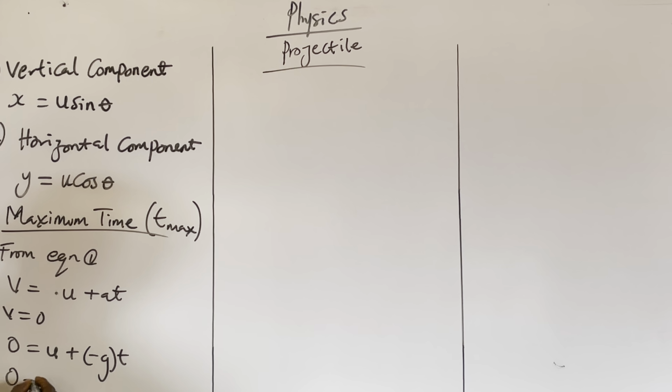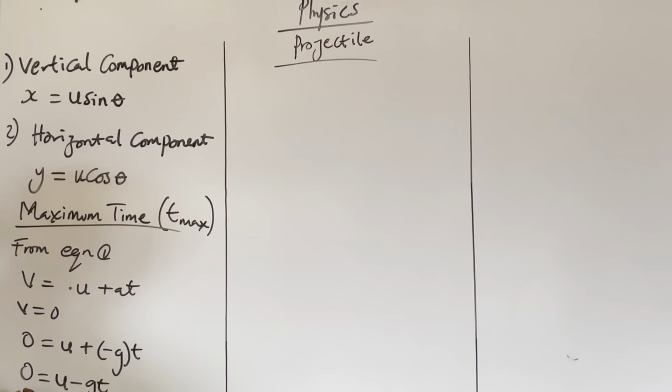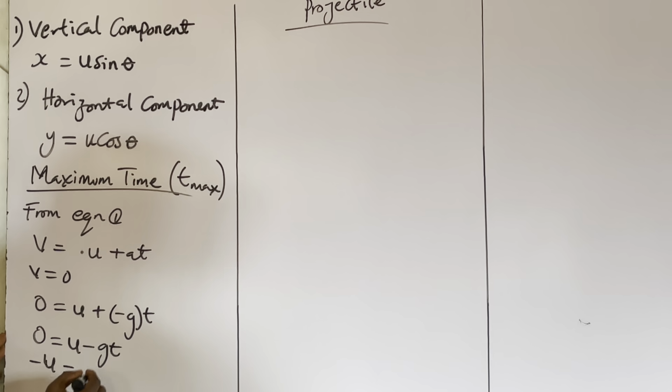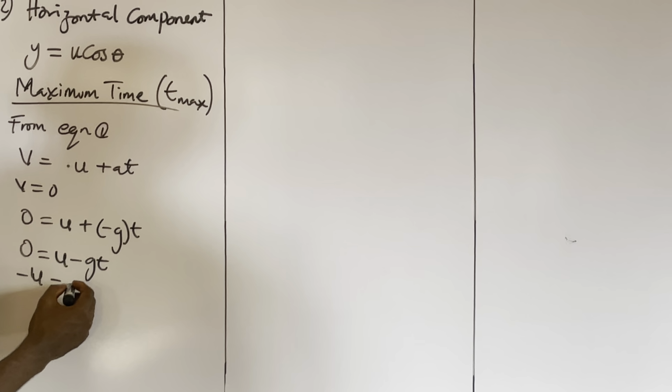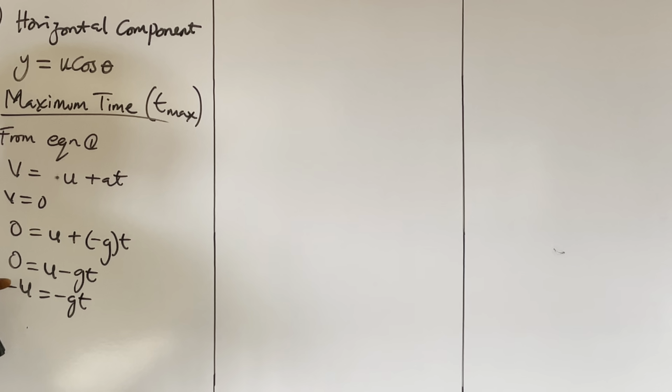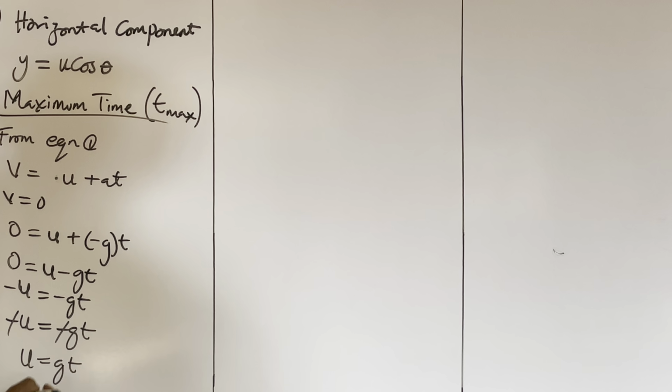So 0 is equal to u plus, times minus, will give us minus gt. Now when this u comes here, it becomes minus u equals minus gt. This minus will cancel out. You have u is equal to gt. Now you're going to make t subject of formula.